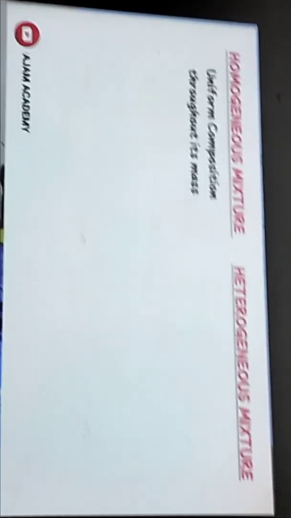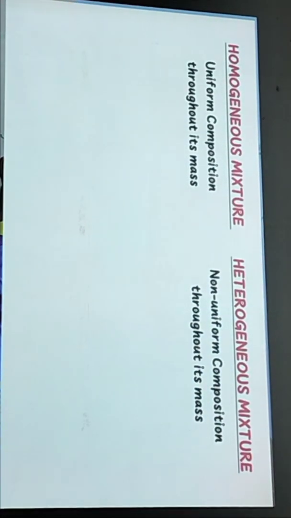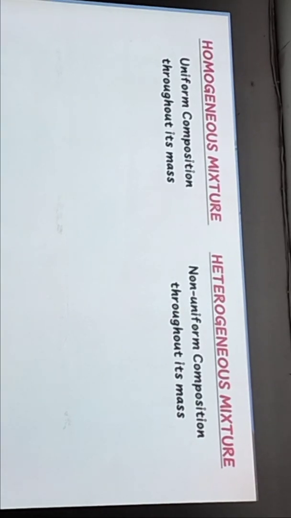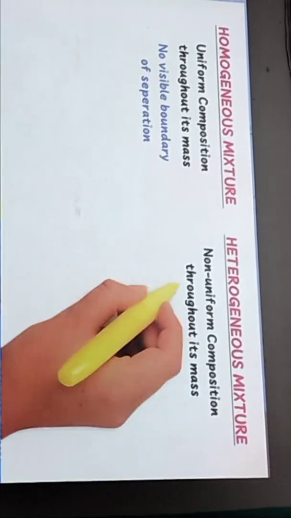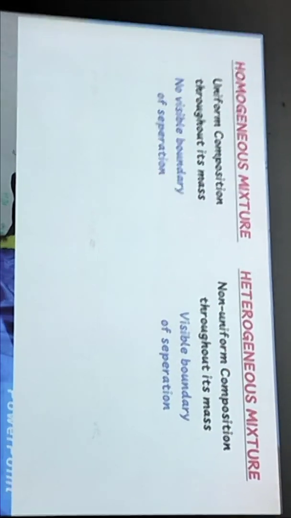Homogeneous mixture has uniform composition throughout its mass, while heterogeneous mixture has non-uniform composition throughout its mass. Secondly, in homogeneous mixture, there is no visible boundary of separation, while in heterogeneous mixture, there is visible boundary of separation. Thirdly, all homogeneous mixtures are called solutions.